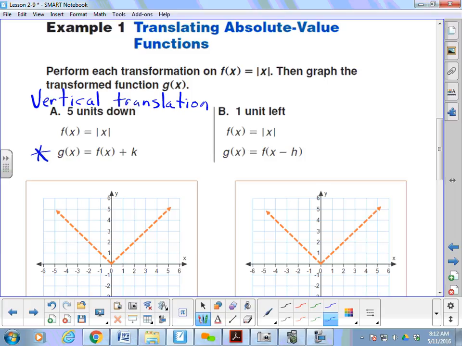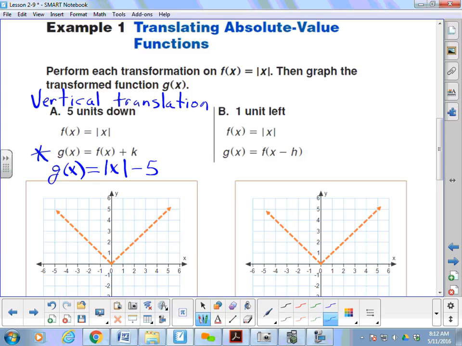So if I rewrote this function, I would say this is the absolute value of x minus 5, because we're going to go 5 units down, and so the value of k is negative 5.